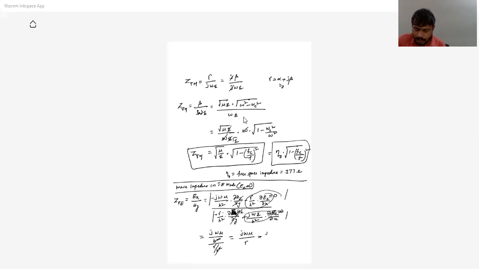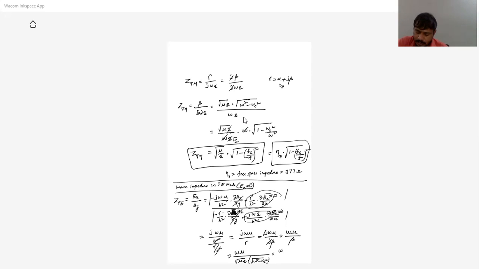So what is the gamma for wave propagation? j omega mu by gamma is equal to j omega mu by j beta. So the j's get cancelled, giving omega mu by beta. Already you know beta: root mu epsilon into root omega square minus omega c square.